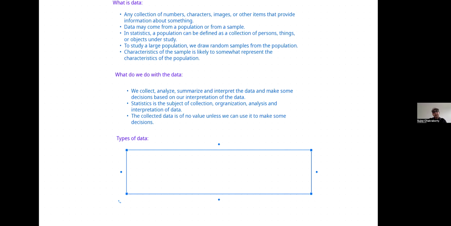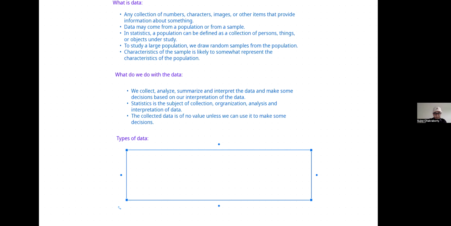Now, it has to be noted that for quantitative data, mathematical operations are meaningful. If it is not quantitative data, then we cannot have any meaningful mathematical operation on the data.